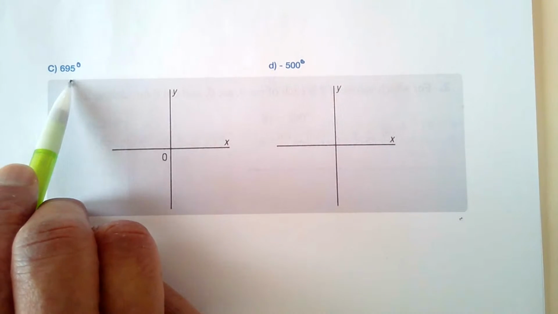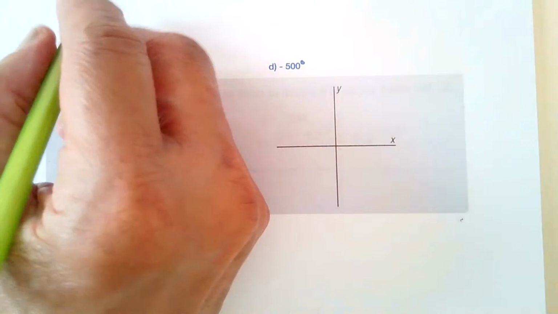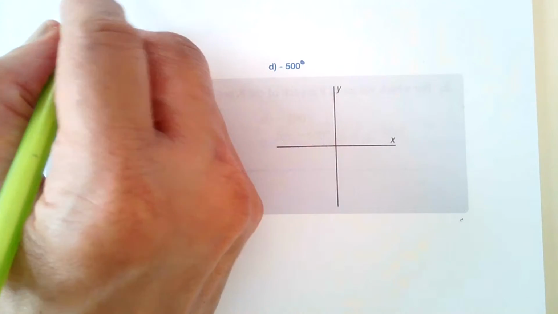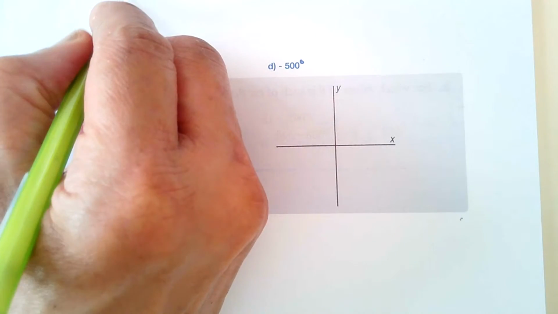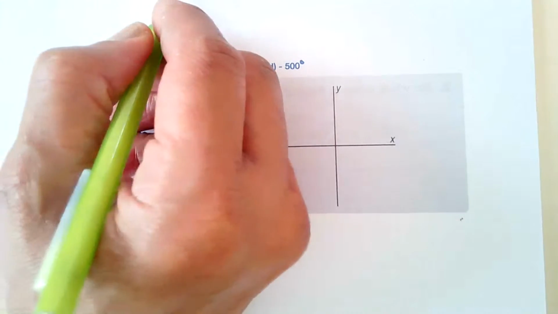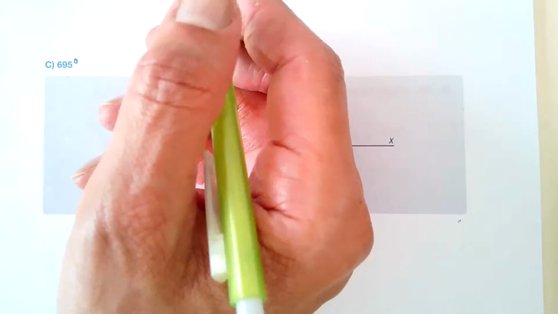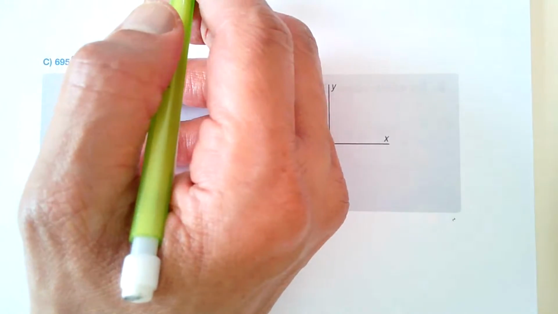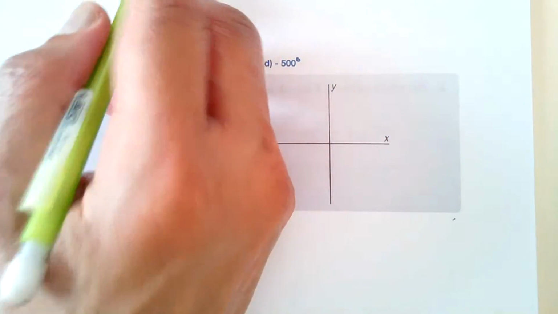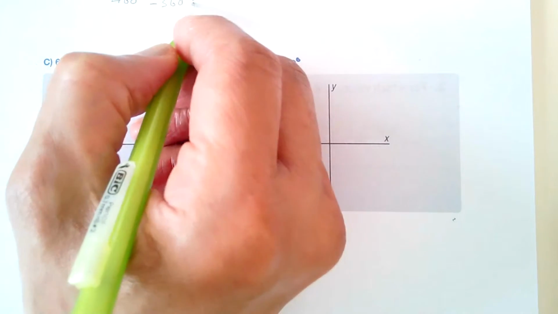Now 695 degrees. So if you were to work this out algebraically, this would be what? The coterminal angle. Since this is positive, we're going counterclockwise. We have this 460 and this 360 degrees, equal 100.